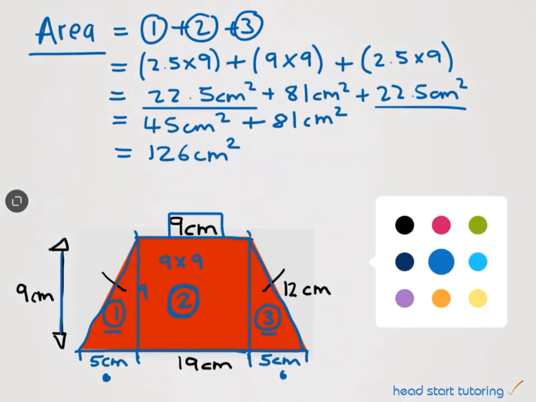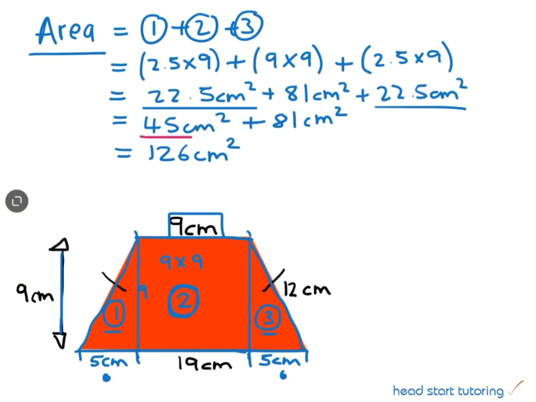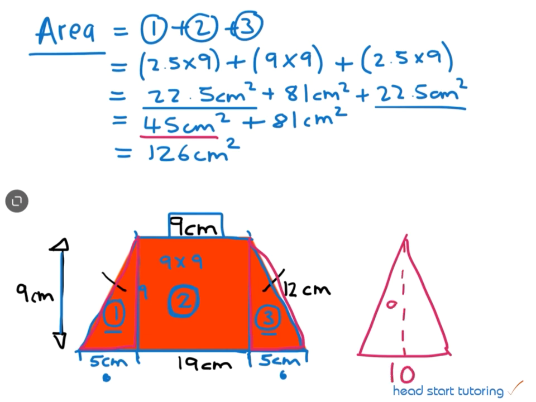So let's just have a look at this 45 centimeters squared. If we were to join these two triangles, triangle 1 and triangle 3 together, we would end up with a shape that looks a bit like this, with a base of 10, and our height is still 9.